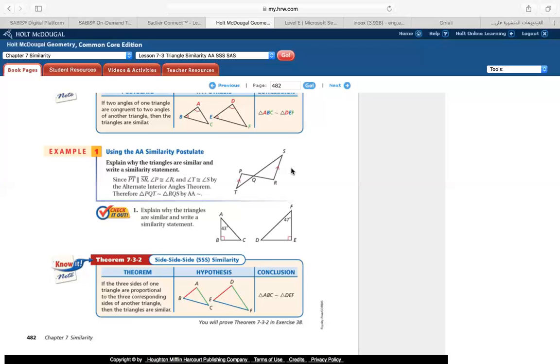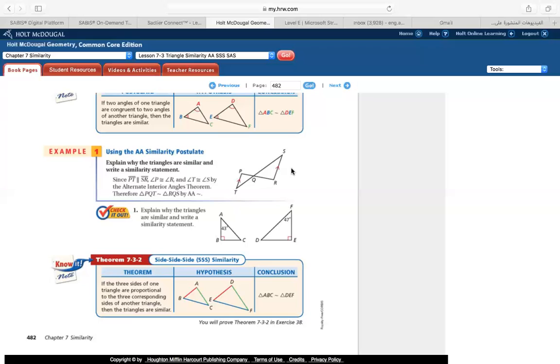Two shapes or two triangles are similar if both have the same shape, but they do not have the same size. Their corresponding sides have the same ratio.